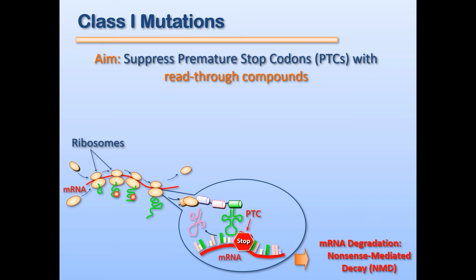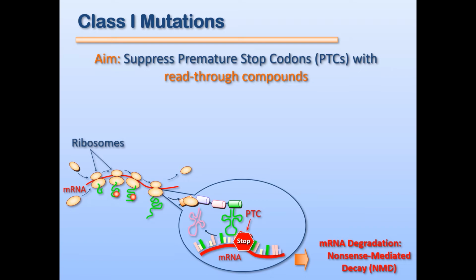However, the cell has a surveillance mechanism called nonsense-mediated decay, in short NMD, which prevents the production of these truncated proteins, which are potentially toxic to the cell. So messenger RNAs which have a premature termination codon or a PTC undergo this mechanism of NMD.